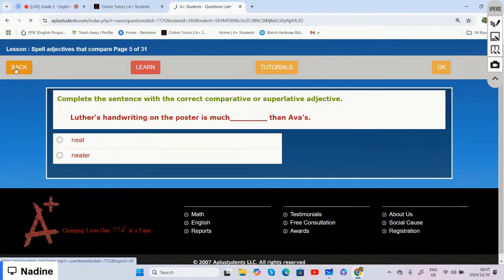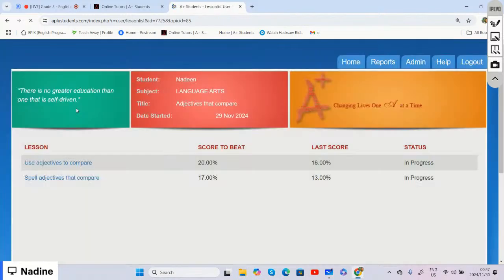All right. So this is now the end of our lesson on adjectives that compare. We have comparative adjectives which compare two people, places, animals, or things, and it ends with an er.